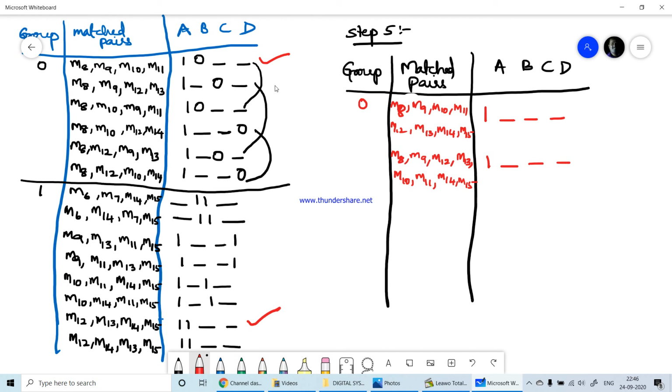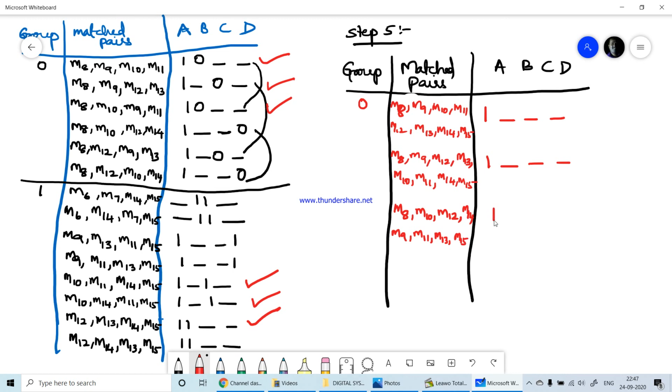So here M8, M9 is matched with M10, M11, M14, M15. Similarly, M8, M10, M9, M11 will also be matched with all these terms. Similarly the next match is M8, M10, M12, M14, which will be matched with M9, M11, M13, M15.